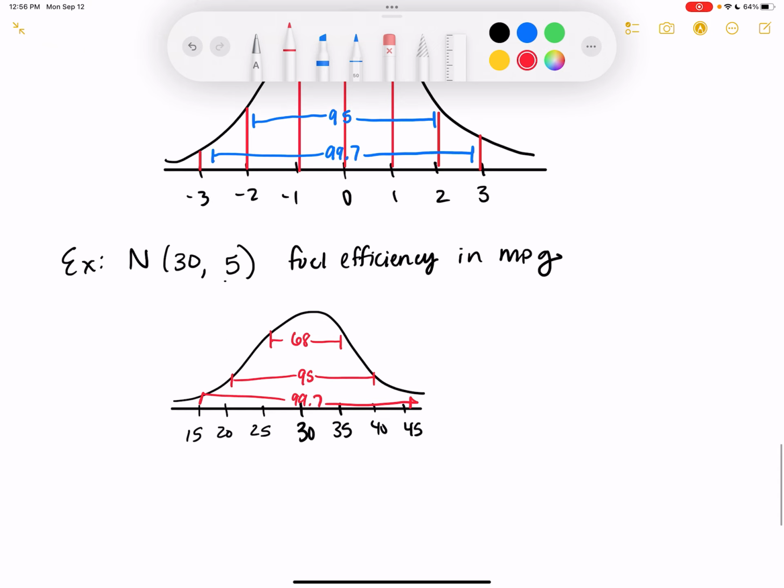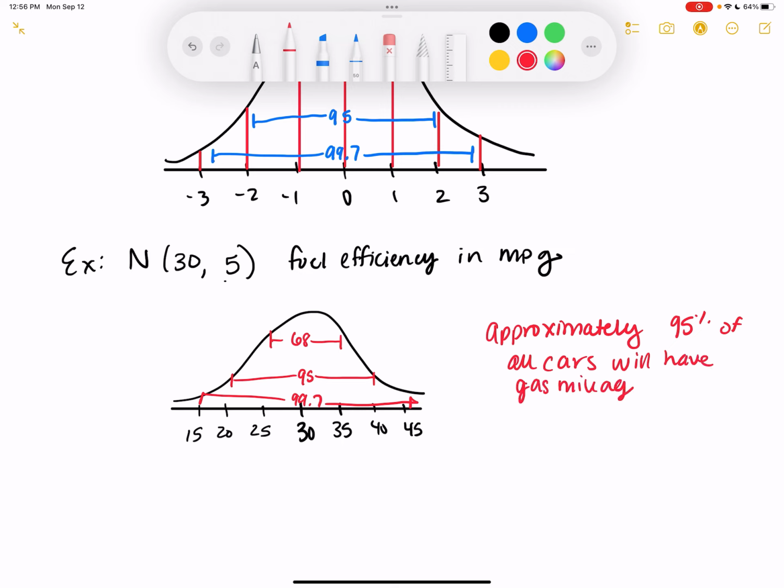And so from that, we could say something like approximately 95% of all cars will have gas mileage between 20 and 40 miles per gallon.